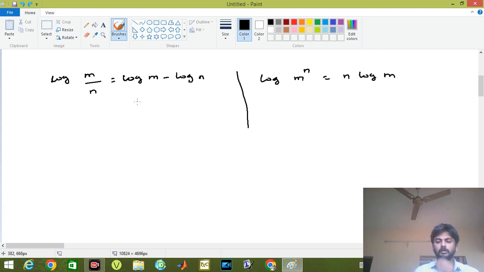Okay. Now what will happen if I take n equal to m, and here what will happen if I take n equal to 0? Before that, why am I taking n equal to m and n equal to 0? Because I am going to write this one as the division of same quantities.